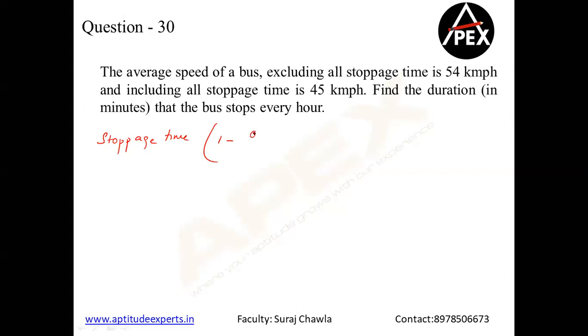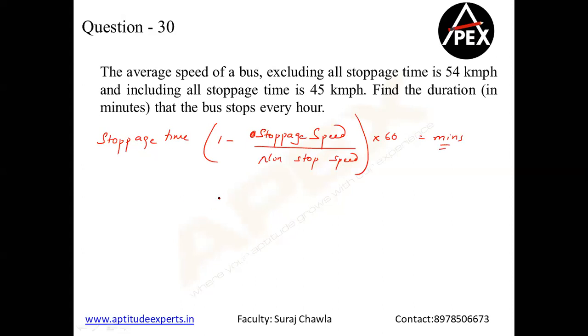Clear? Sorry, 1 minus the stoppage speed. Let us use the term, okay? The speed with stoppage, okay? So I'm terming that as stoppage speed divided by non-stop speed. This into 60 will be the total stoppage time in minutes.